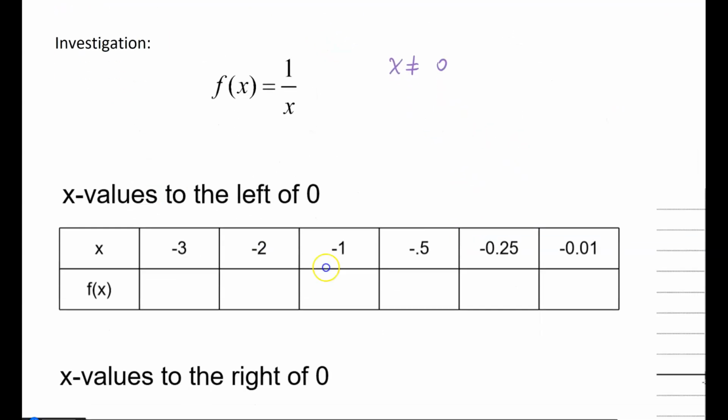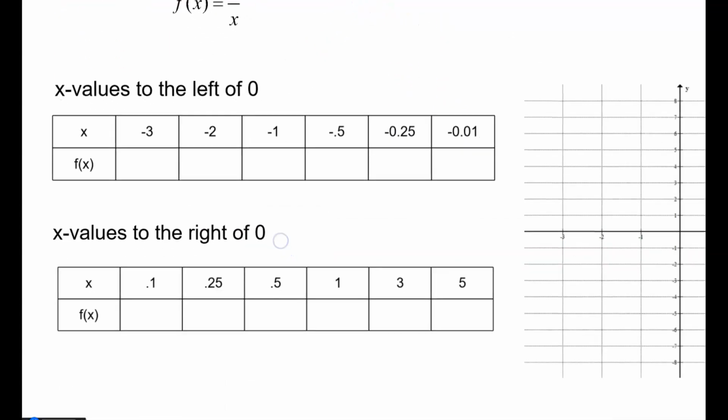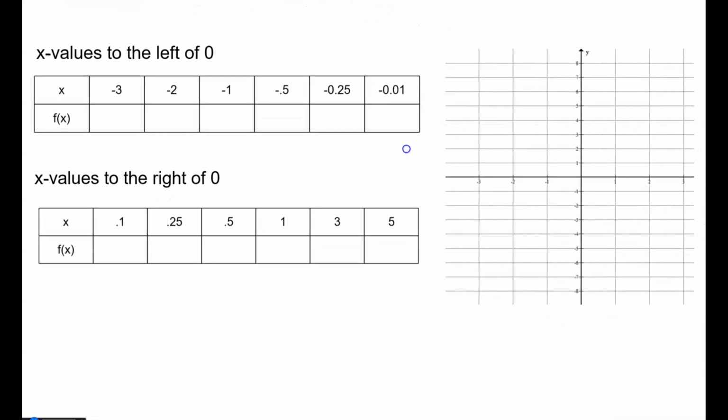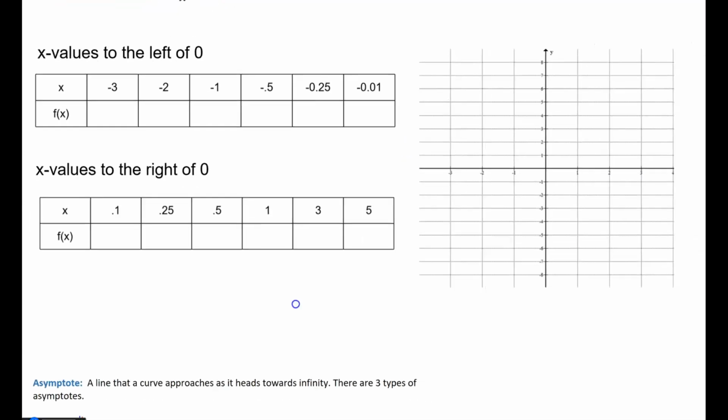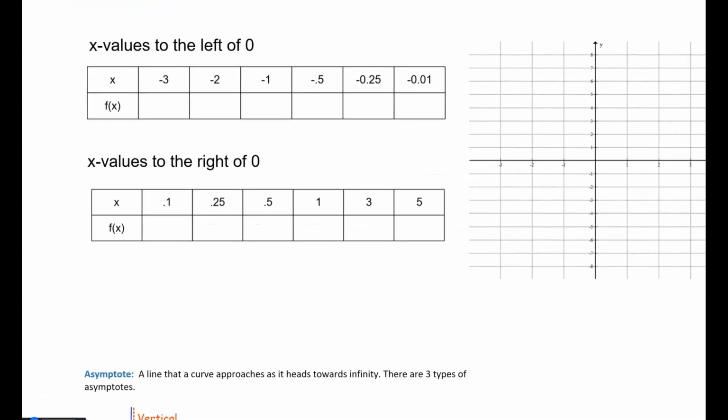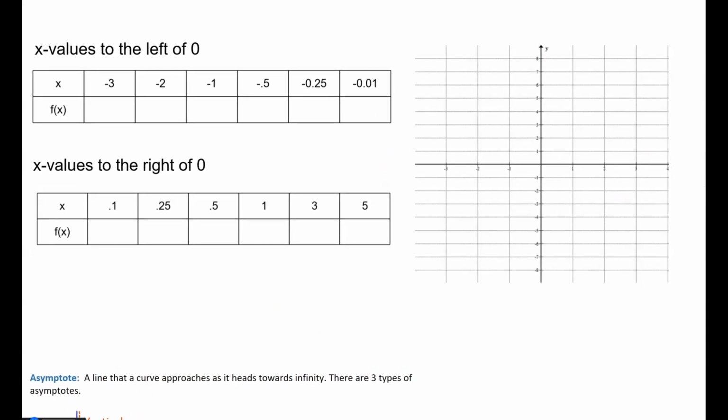So starting with this little investigation here, I have a table, just a little XY table, where we're going to try some values. Okay, so in our first one, if I let x equal -3, when I plug that into the function, that gives me -1/3.